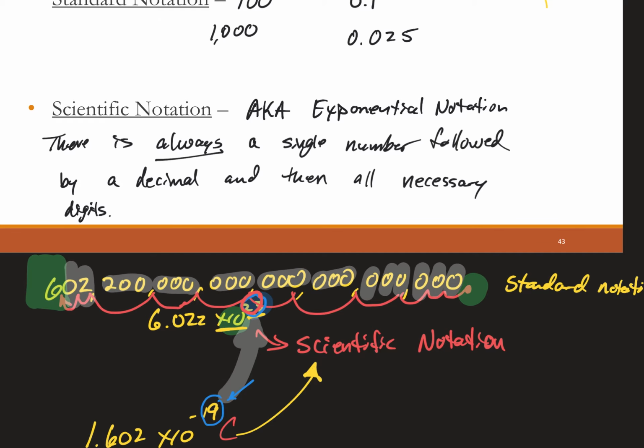And so what I'm talking about there would be the 6.022 part. That gives you the value of whatever the measurement will be, and then the exponential part will give you the magnitude.